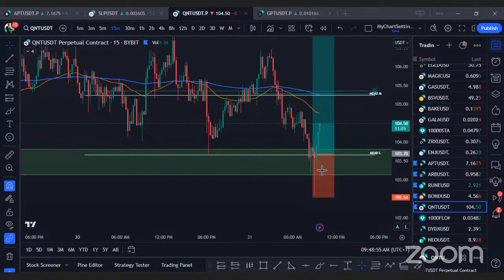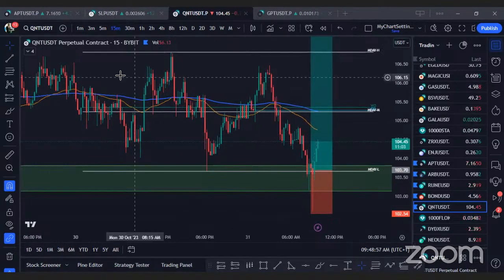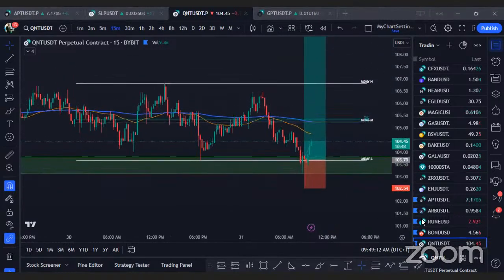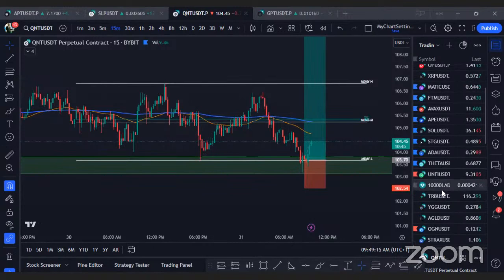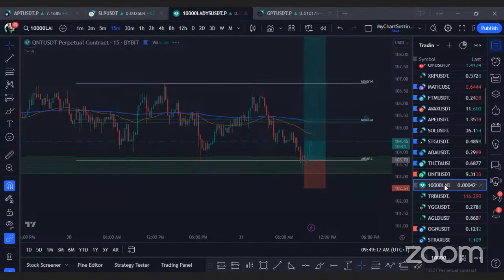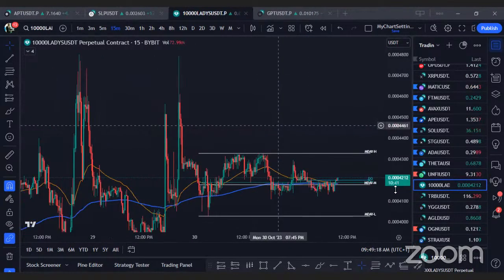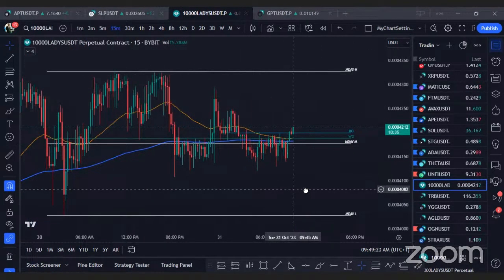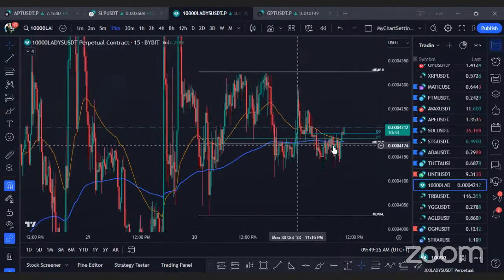And the other token that you guys should equally look at entering a trade on, I'm already running because I entered earlier. For 1,000 LADYS, I was actually looking at 1.4, that is 0.004 or so.